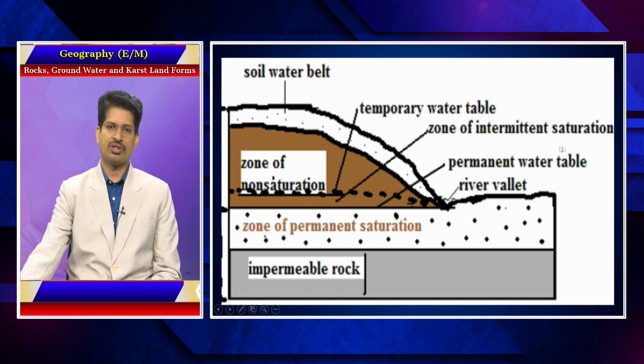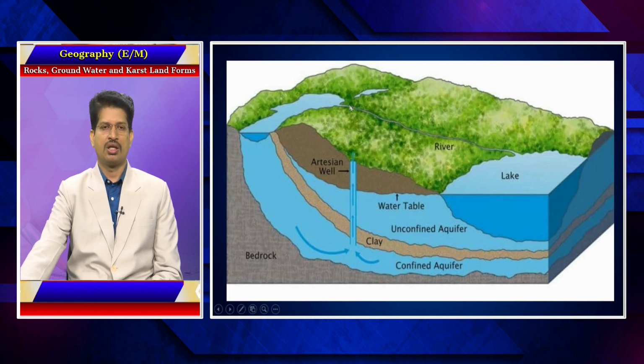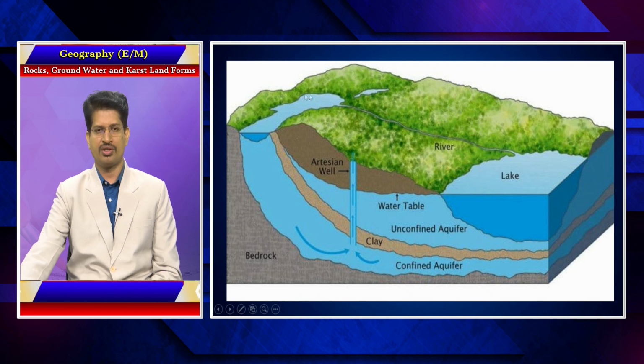The zone of intermittent saturation is the difference between the temporary water table level and the permanent water table level. So this can be asked as a question: what is meant by intermittent water table or intermittent zone? This is a recharge place when it precipitates, because of the percolation. This is how the water tables are recharged from a catchment region.